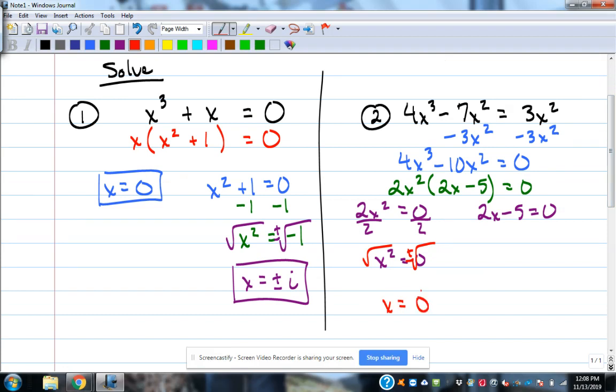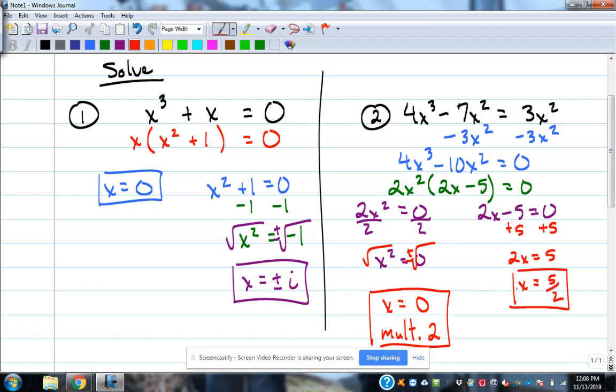We just know the answer is 0, but it has a multiplicity of what? 2, because it came from an x squared. So we're going to say x equals 0 with a multiplicity of 2. And then the other one, we're just going to solve it for x. So 2x equals 5. And I'm okay actually with you doing that part in your head. A lot of us can just go ahead and solve. 2x minus 5 is equal to 0, so x is 5 over 2.